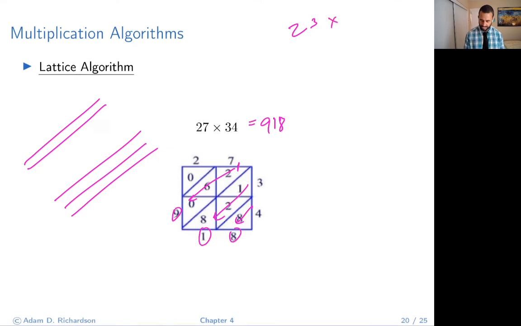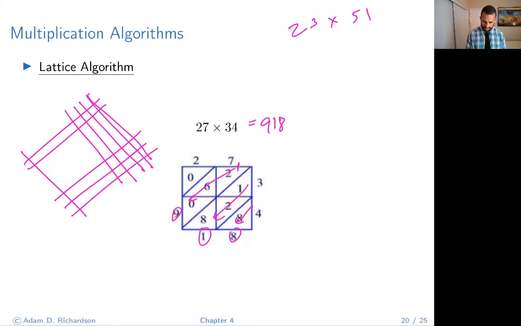And then if you wanted to do times 51, then you would do 3, 4, 5, and then 1. And then you count all the intersections that you've got, and that'll tell you how many of each. It'll give you the place value. You add up all those intersections. So you can Google that one and look it up if you want. There's a lot of different ways to multiply, a lot of interesting ones.